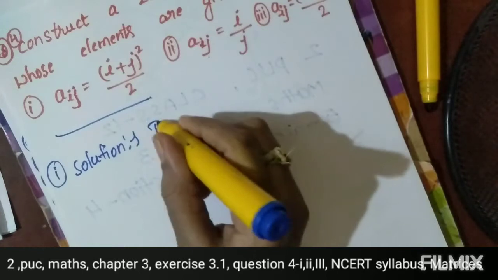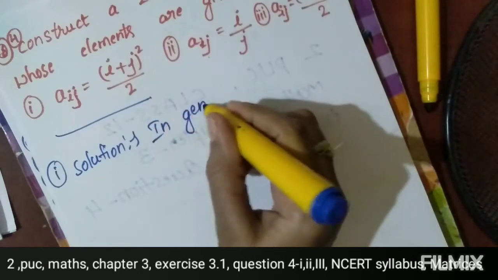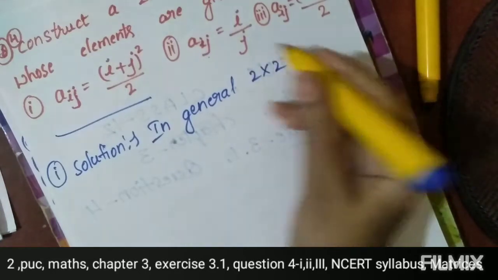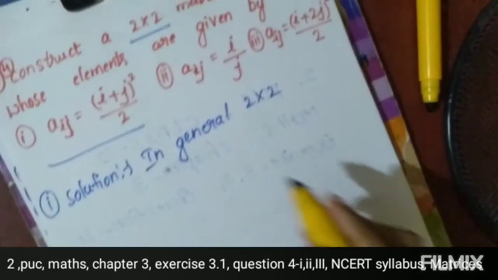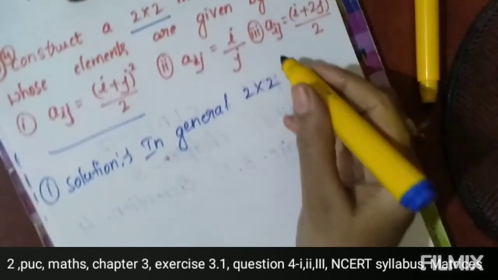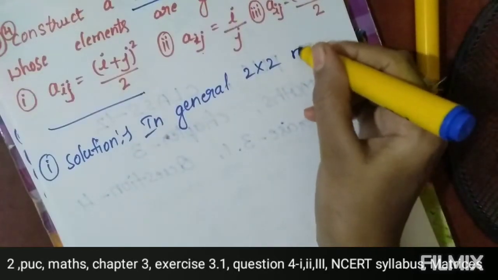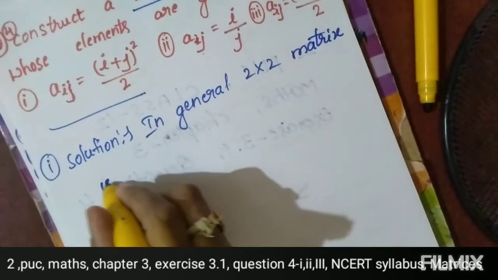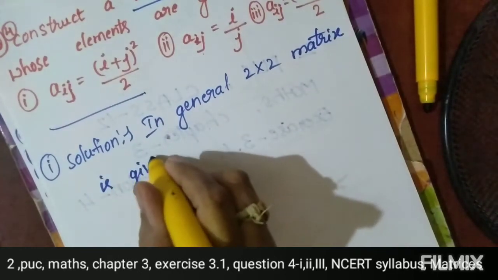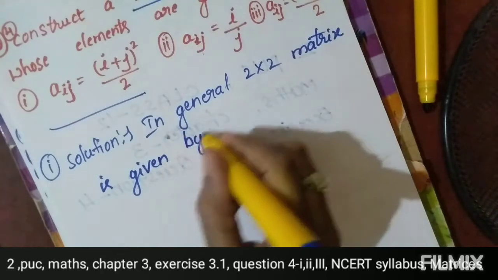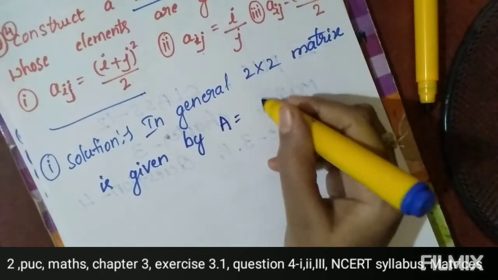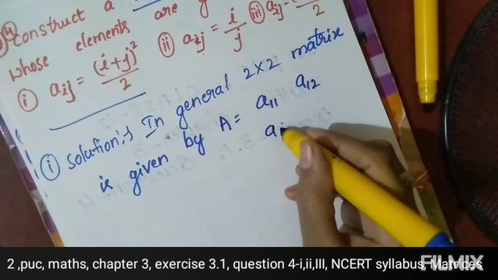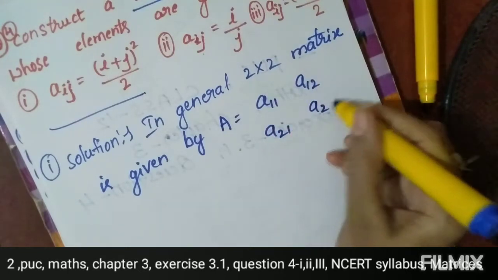In general, a 2 into 2 matrix is given by A equal to A11, A12, A21, A22.